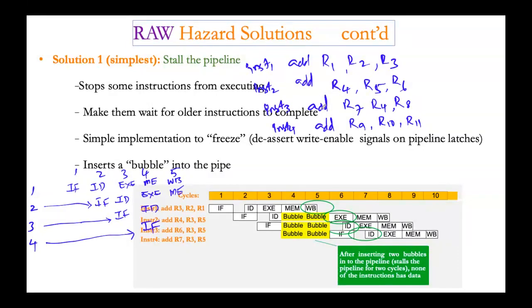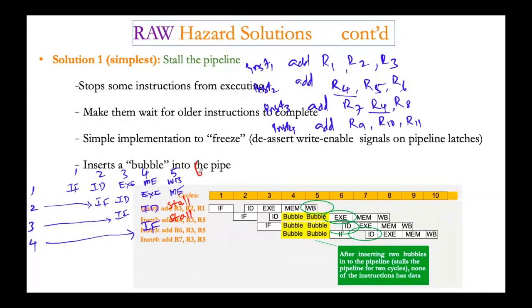Your third instruction is depending upon R4: its read value depends on the write value. So, write after read. Automatically your third instruction, at the fifth cycle, will go into stall. When the third instruction is stalled, your fourth instruction cannot enter into the instruction decoding phase, so it will also stop automatically.